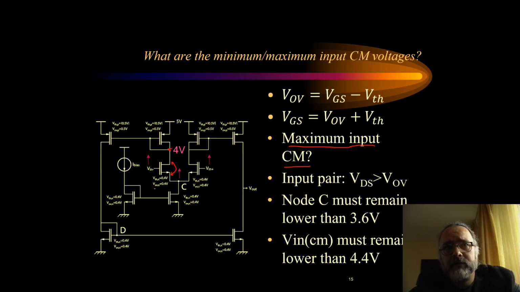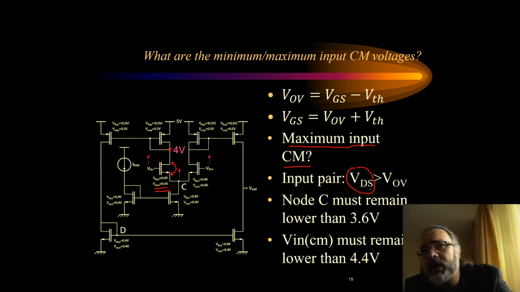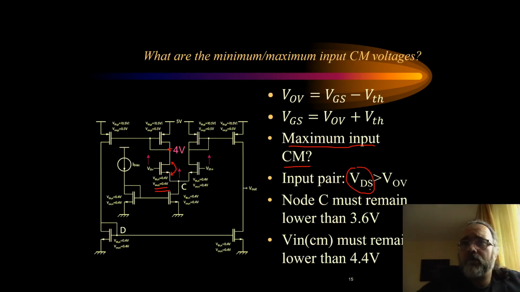The overdrive voltage is given here. So the drain source voltage can be only larger than 0.4 volts in order to remain larger than the overdrive voltage. Which means that this node cannot go higher than 3.6 volts.